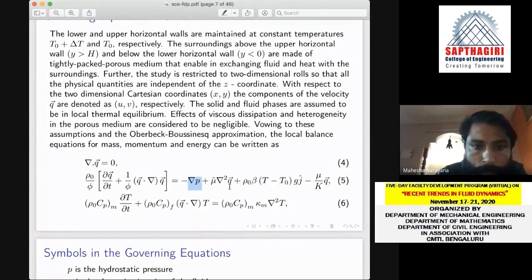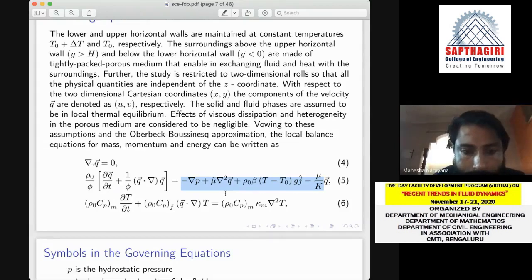And equation 5 is kind of Newton's second law of motion in the case of fluids. So the left-hand side represents the rate of change of momentum, and the right-hand side is the net forces acting on the fluid element. The balance of the two gives the equation of motion for the fluid, which is in general known as the Navier-Stokes equation.